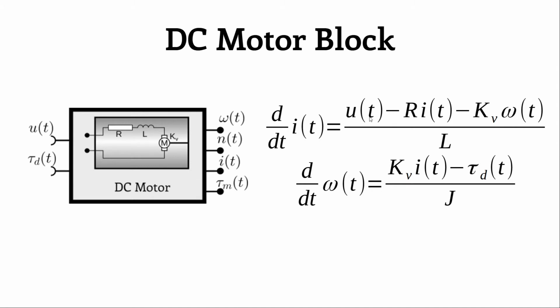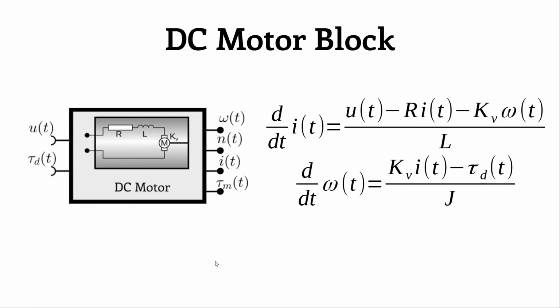This difference here is the voltage on the internal inductance, and if we divide it by the inductance, we get the derivative of the current. And similarly, here we can calculate the torque generated by the coil in the magnetic field due to the current flowing through it. And we subtract the drag torque or load torque from it and divide it by the moment of inertia to get angular acceleration.